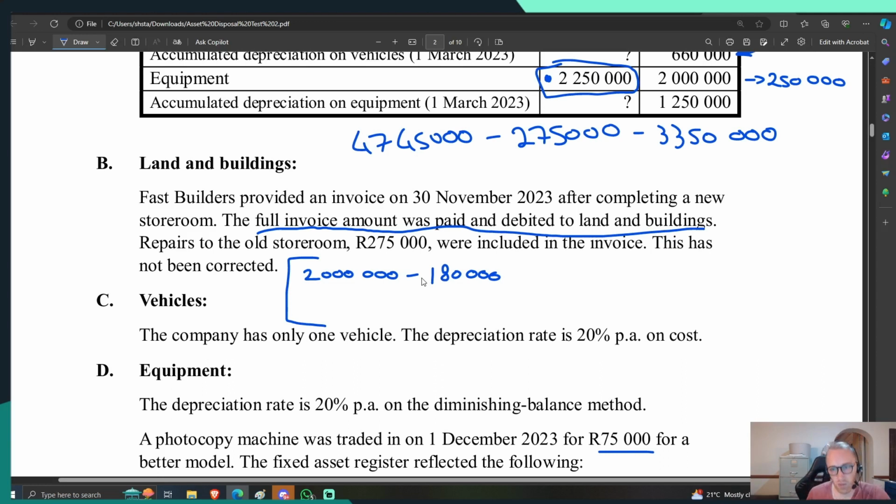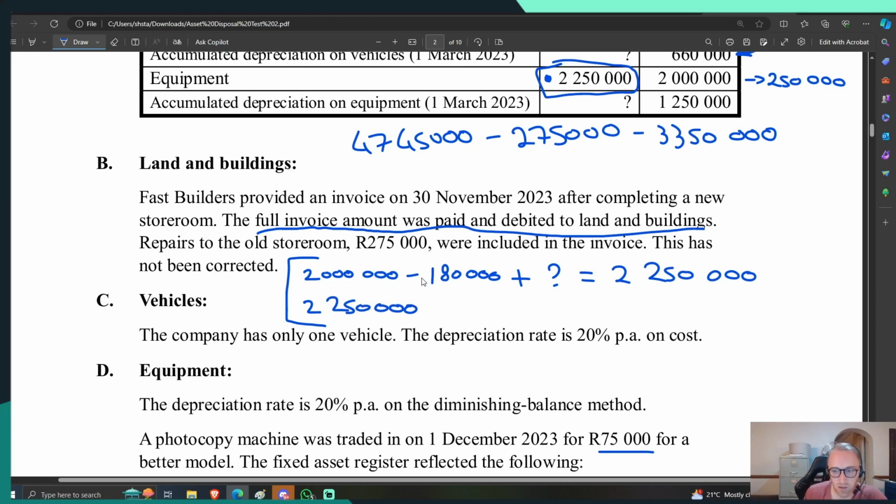So we took our starting amount, we disposed of some amount, we bought some new amount, and that equaled 2,250,000. Now you can just do some algebra. I'm going to first swap everything on either side of the brackets, so we put 2,250,000 on the other side. Now we need to take over these other figures.